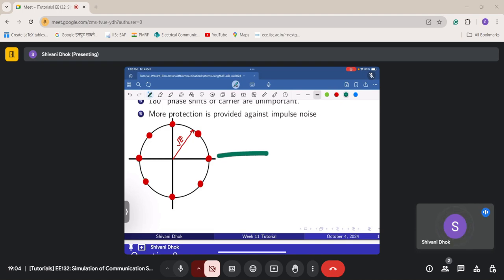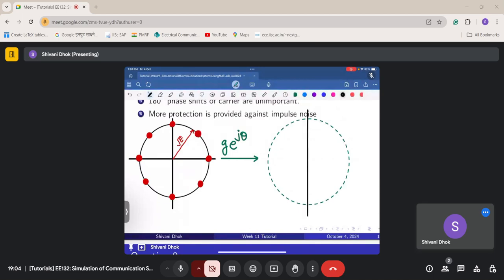Now if I multiply it, or if I have g into e power j theta, something like this, what will happen is this entire constellation changes a bit.